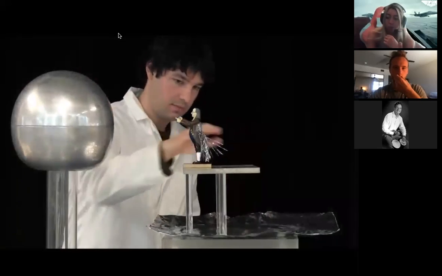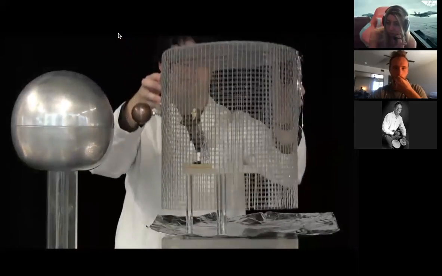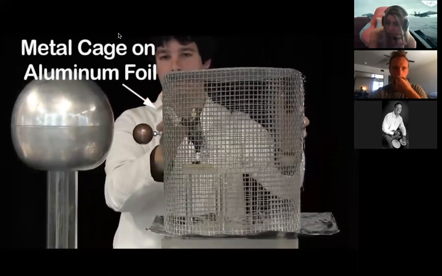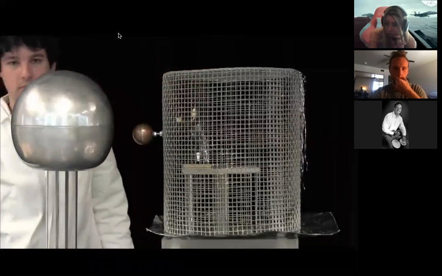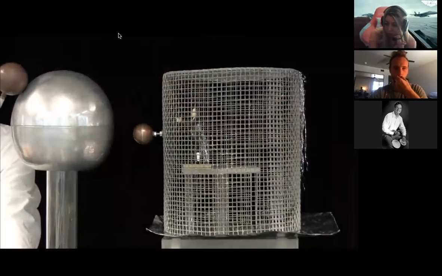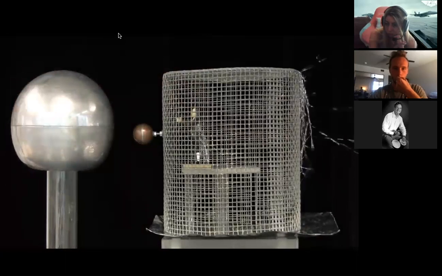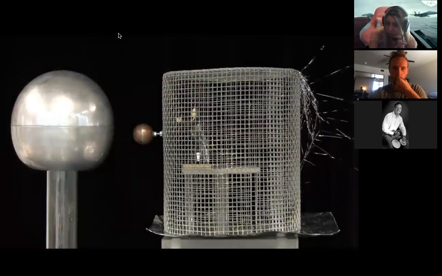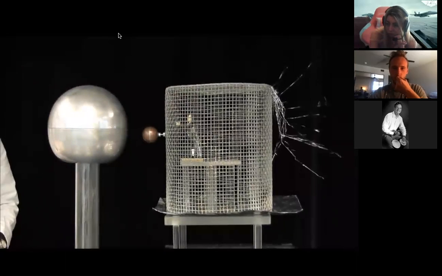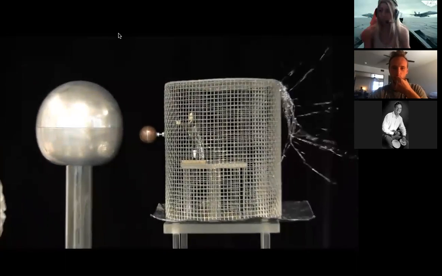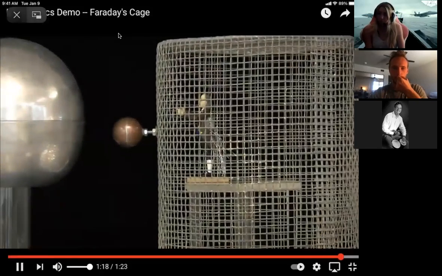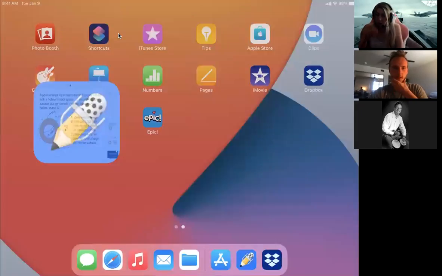And now we're going to put it in the cage. The outside is still the field, but nothing is happening inside, right? The person is shielded by the metal cage. So this is a Faraday's cage, right?